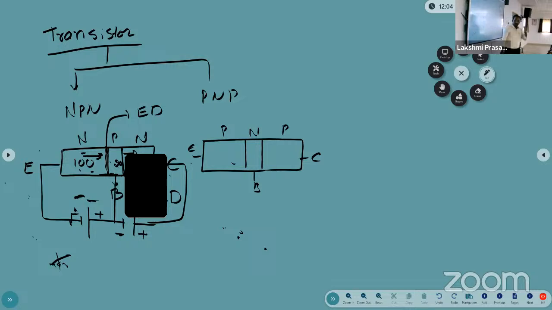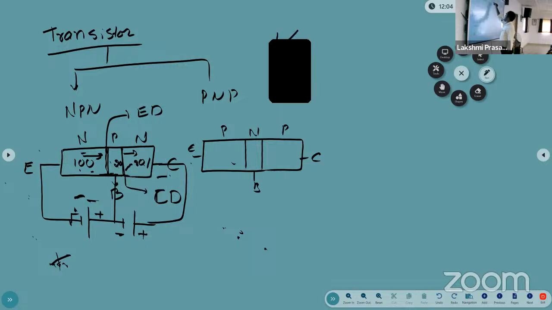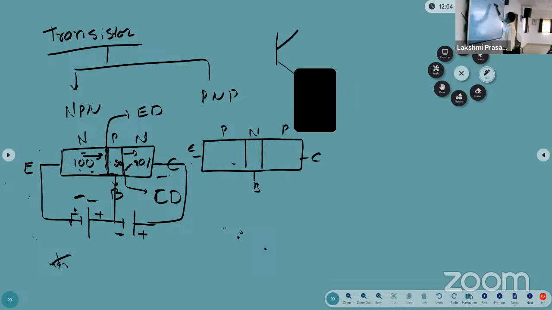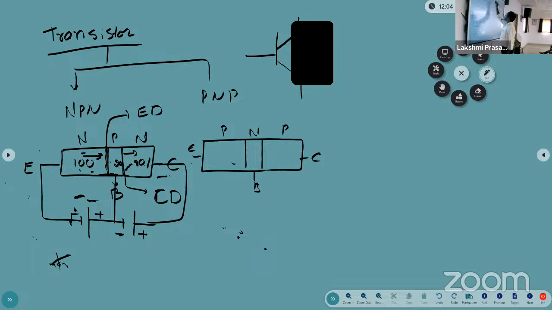Okay. Now, that is the construction of the NPN transistor. Now, how many terminals are there? Three terminals. And using the three terminals, the transistor symbol is: the circle is just for our understanding purpose.